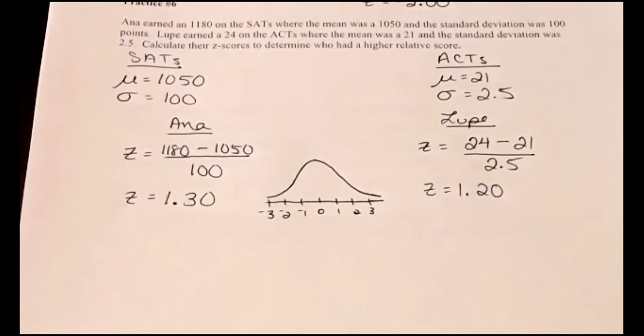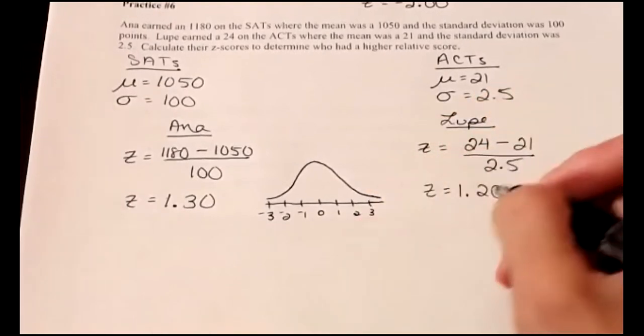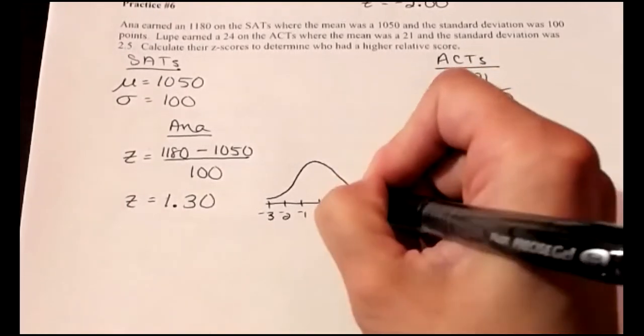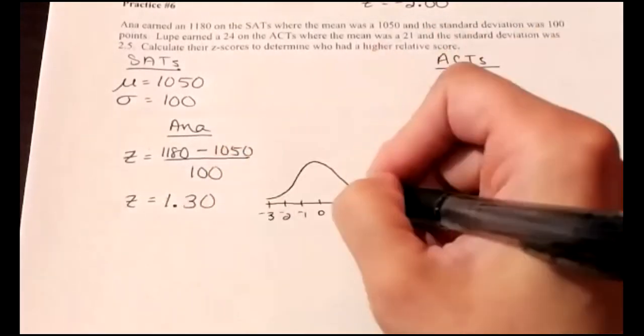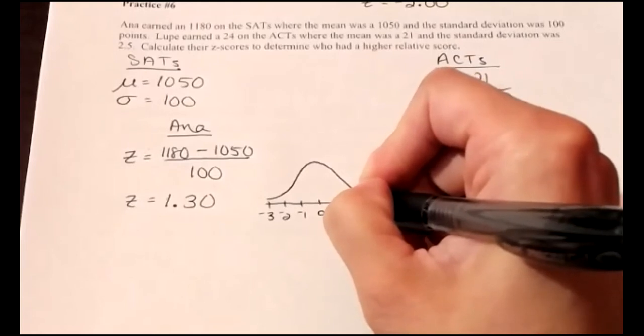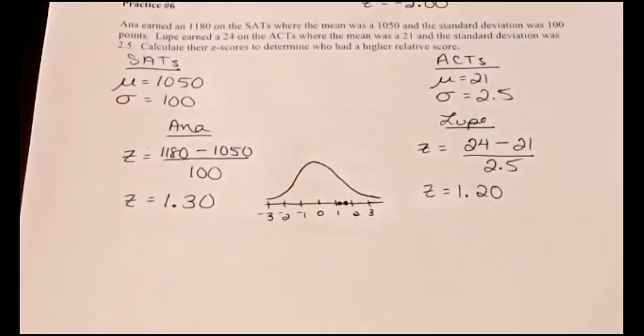So they're actually pretty close to each other. We see that Lupe scored a 1.2 as her z-score, so it's approximately here. And then Anna is a 1.3, so it's approximately here. So, I mean, obviously I can't smush them together, but you know what I'm saying. So clearly we recognize that Anna outperformed Lupe.